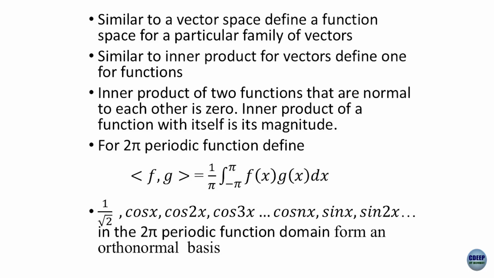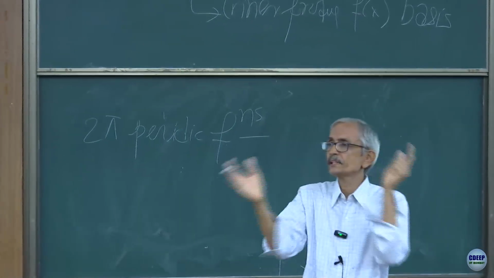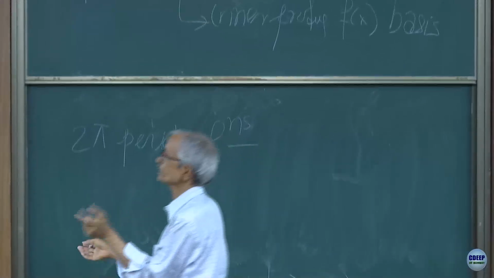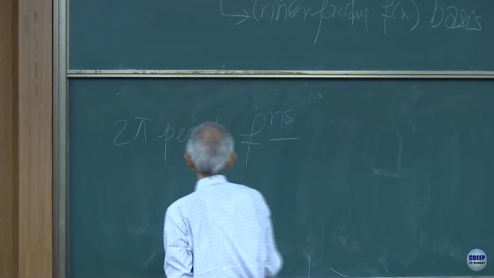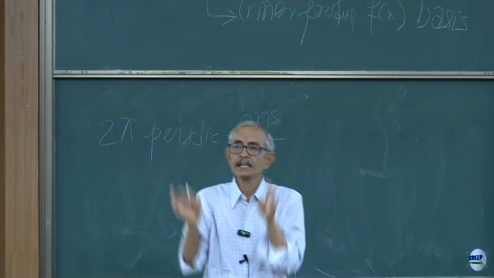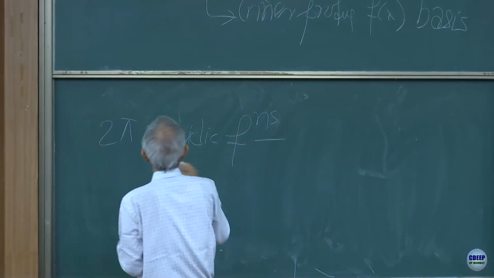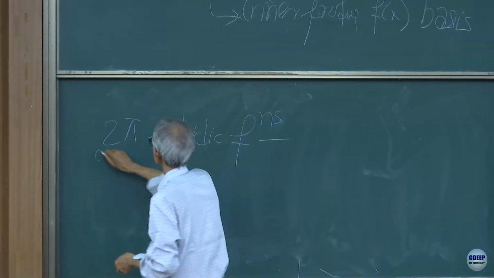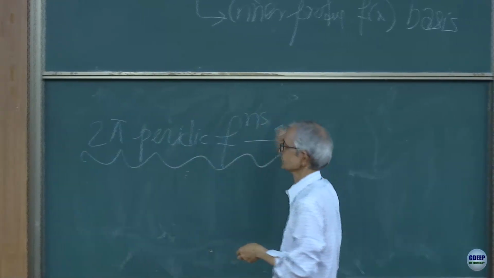The function space of 2 pi periodic functions. In the vector space, we had those Euclidean vectors i, j, k, etc., which we all know. Now this is a function space, which is a huge space, and a subset of that is the function space of 2 pi periodic functions.